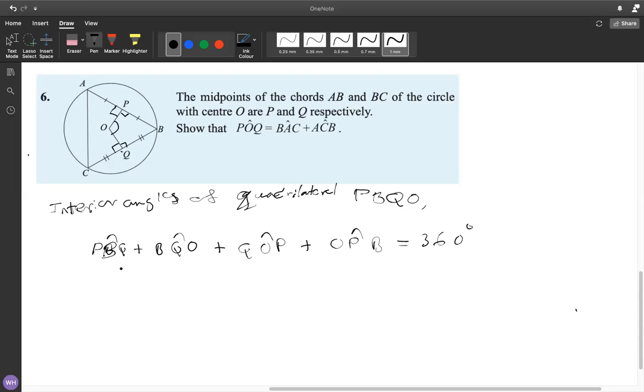Do you know about the magnitude of this? No. Do you know about this? Yes, it is 90. So let this be PBQ, plus QOP. Do you know the magnitude? No. Let it be QOP. And what about the magnitude of this?